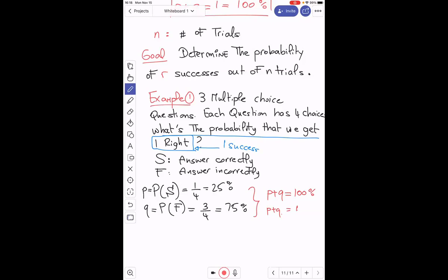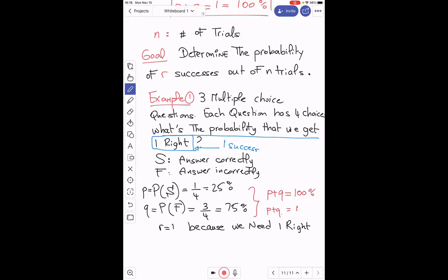So R here would be 1, because we want to compute the probability that we get one right answer.